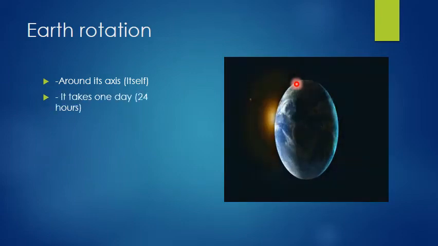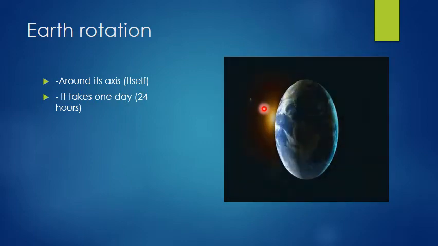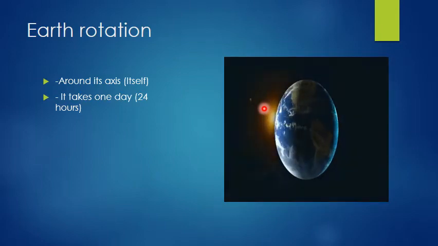It takes about 24 hours to make a full rotation around itself. So this means that the Earth takes one day to make a complete rotation, starting from a point and reaching the same point after 24 hours.